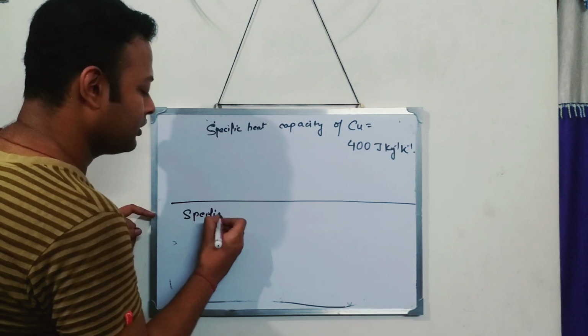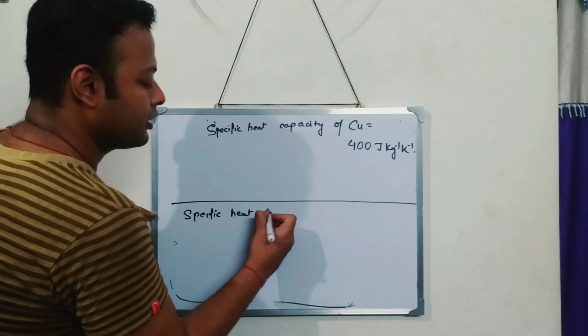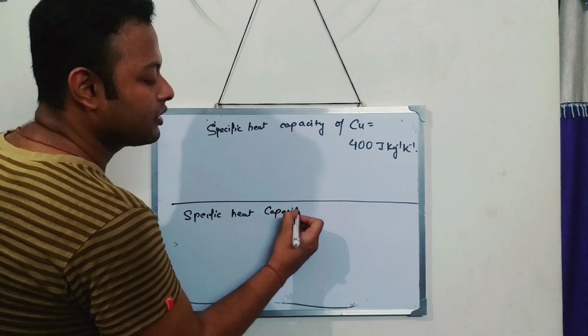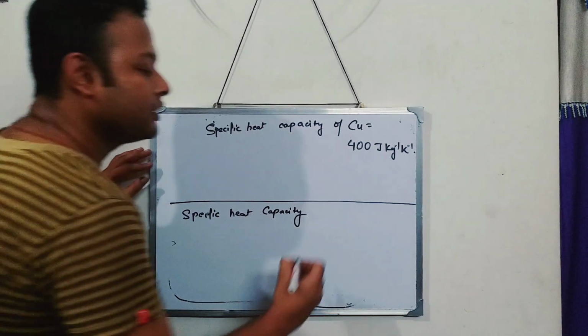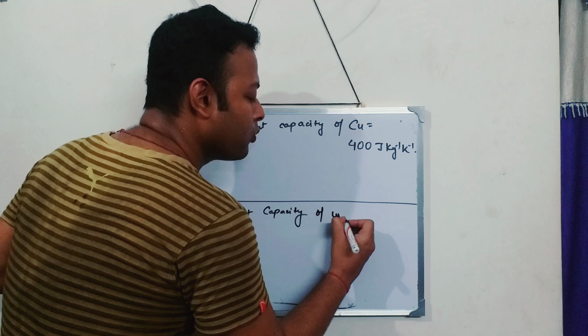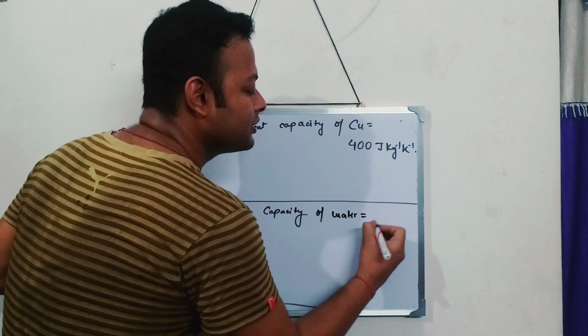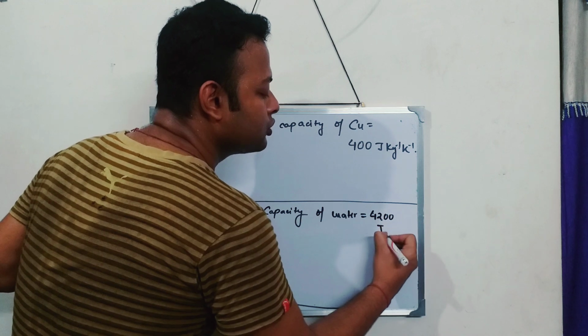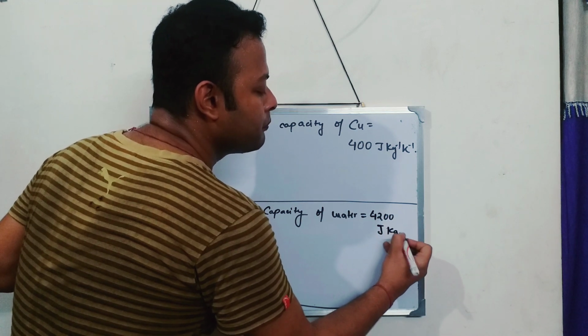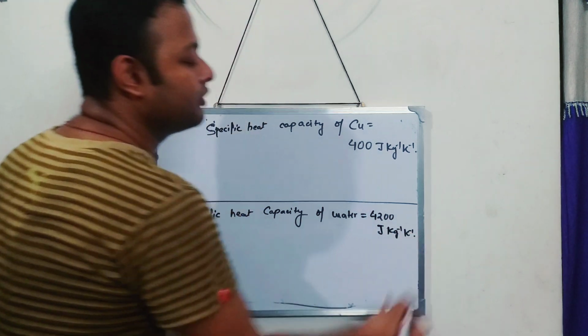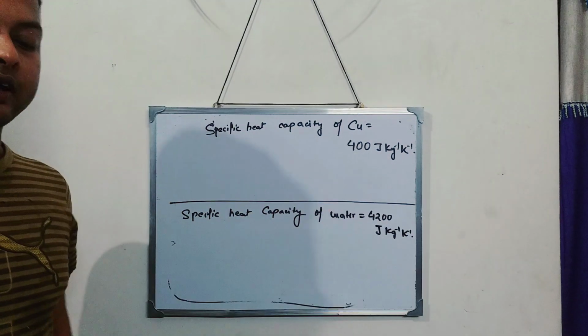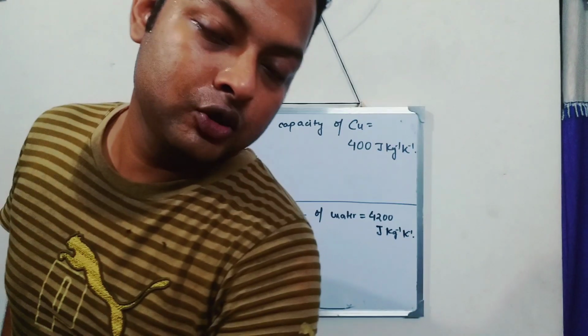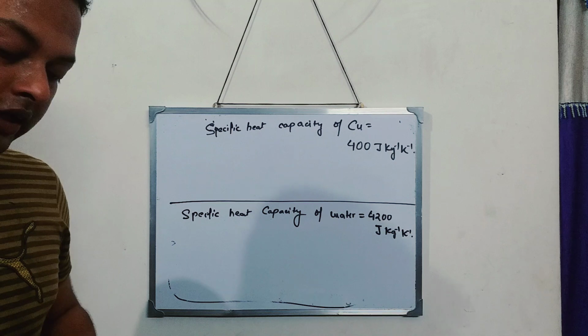And specific heat capacity of water is equal to 4200 joule per kg per Kelvin. These are the two values I've taken. Now, by these two values I want to explain something.